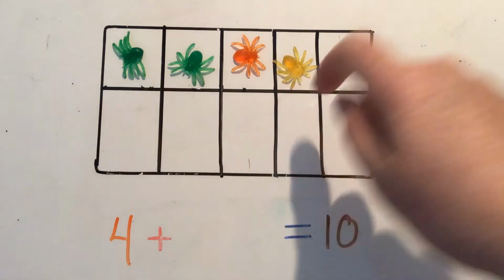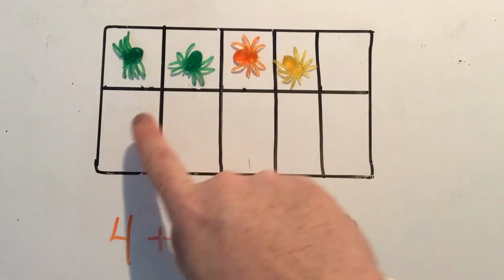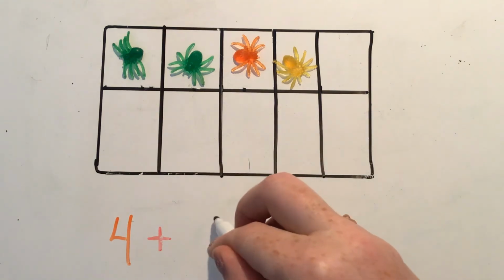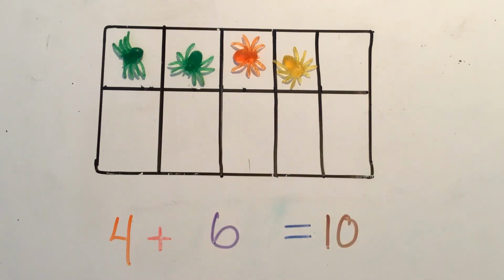I already have 4 spiders, I would need 1, 2, 3, 4, 5, 6. I would need 6 more spiders to have 10 spiders on our tens frame. So that means 4 and 6 are number partners for the number 10.